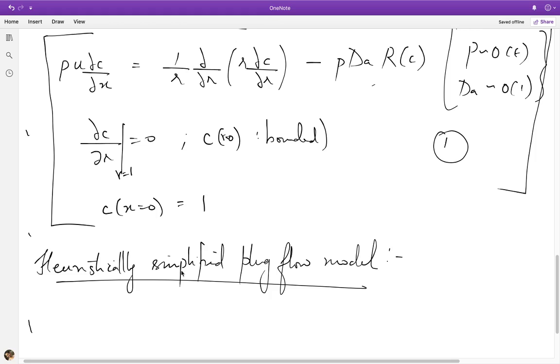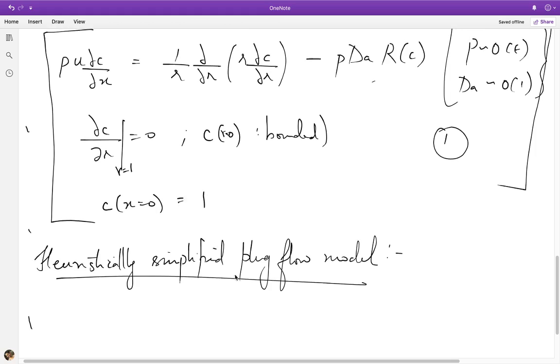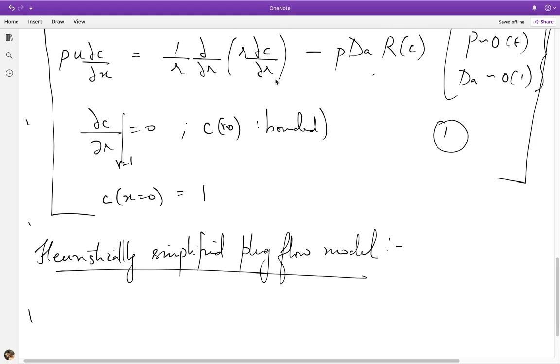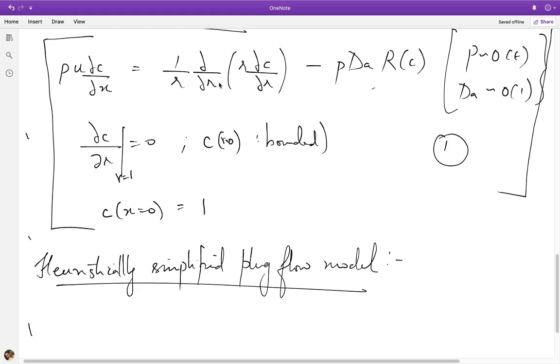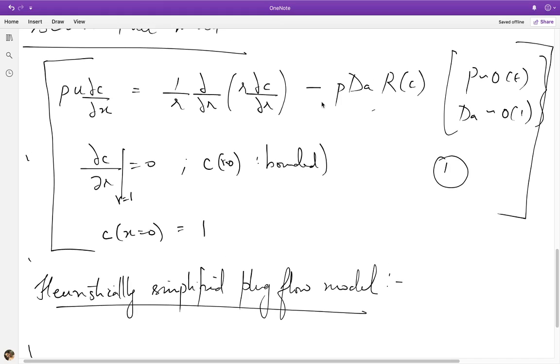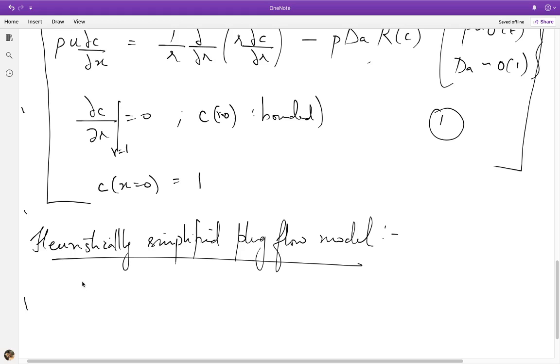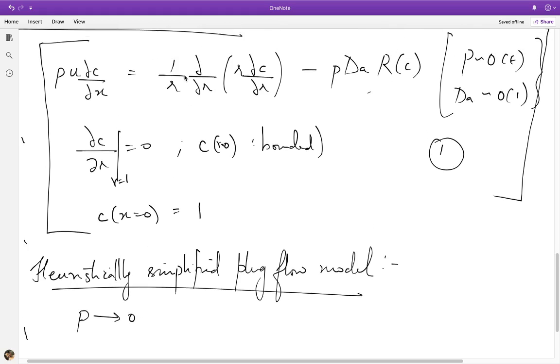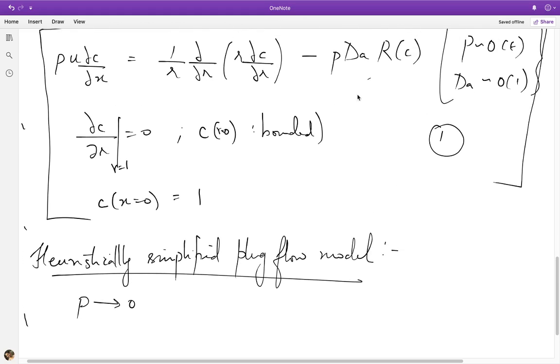Another way of seeing this is that the Peclet number being vanishingly small will also give us the plug flow model. That's not immediately obvious right at the beginning, but if you scale the problem and take the limit of Peclet going to 0, you will find that C is independent of R, and then the next order balance just gives you these two terms balancing.